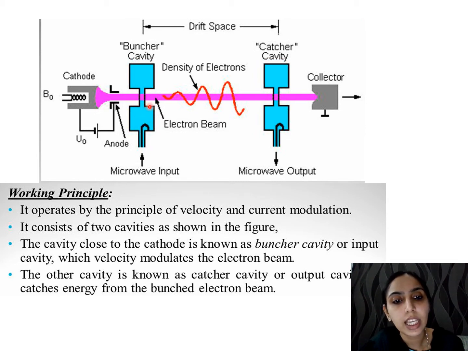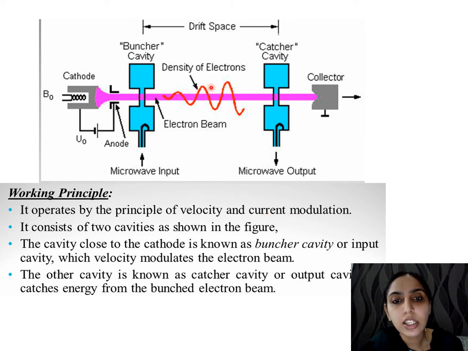So we can say that there is a principle of velocity modulation. The electron bunching will occur in this drift space. Since the electron beam possesses an AC component, it is also said to be current modulated. So the operation is by the principle of velocity modulation and current modulation.